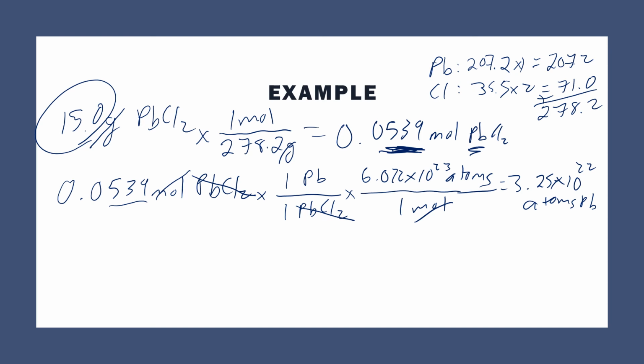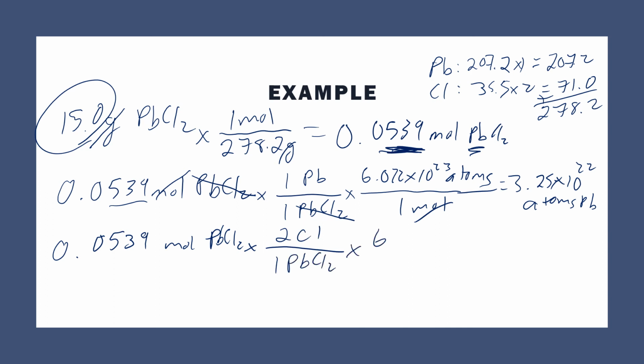Now we can do the same thing for the chlorine. If we want to find just the atoms of chlorine that are in that 15 gram sample, we can take the moles of the lead 2 chloride, but this time there are 2 chlorine atoms for every 1 PbCl2. And we would still use Avogadro's number, because that's always the same. That's how many atoms are in 1 mole.